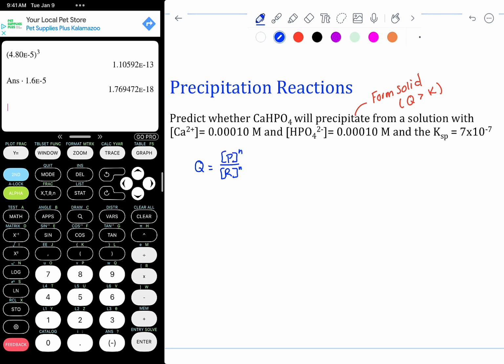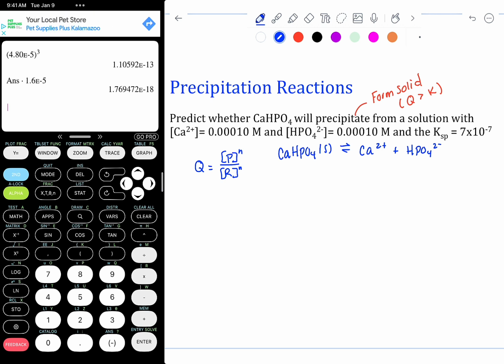Okay, so the first thing that we have to do is write out our balanced chemical equation. So we know that CaHPO4 is going to be the solid that we desire, and it's going to be in equilibrium with Ca2+ and HPO4 2-. So that's a balanced chemical equation right there.